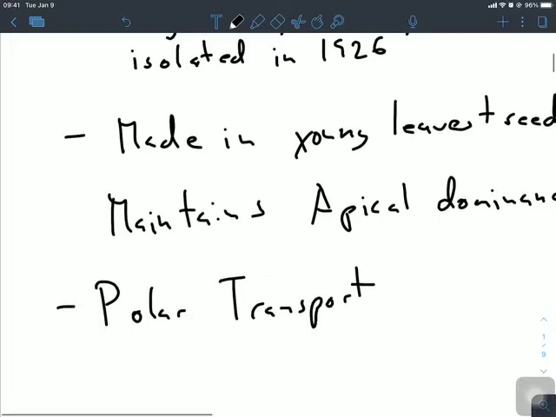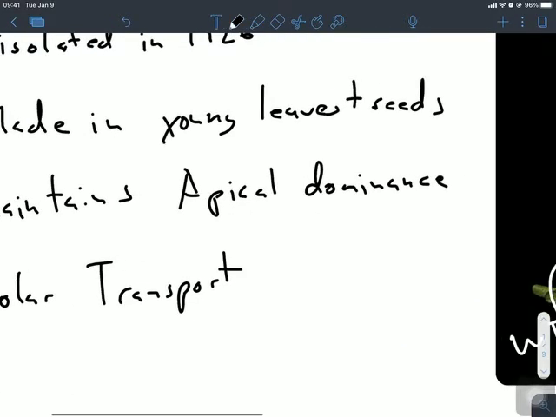Because it's moving through cells, it has to have a directionality. It just won't radiate from one cell to all of the neighbors in all different ways. Instead, auxin's transport is polar, meaning it has a side. It will enter a cell from one side. In the case of acropetal auxin transport, it's entering from the top.